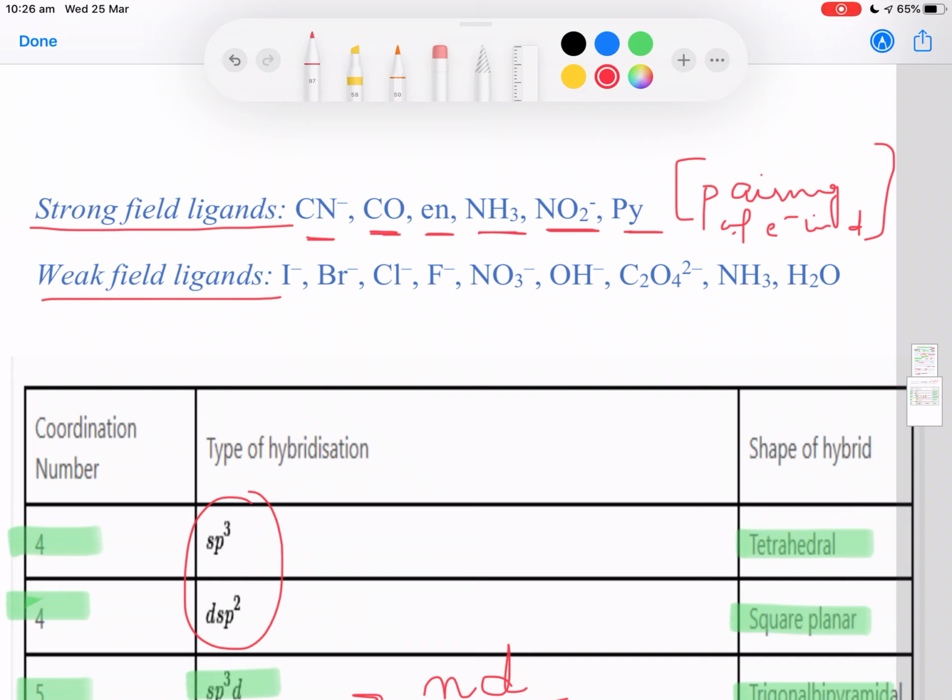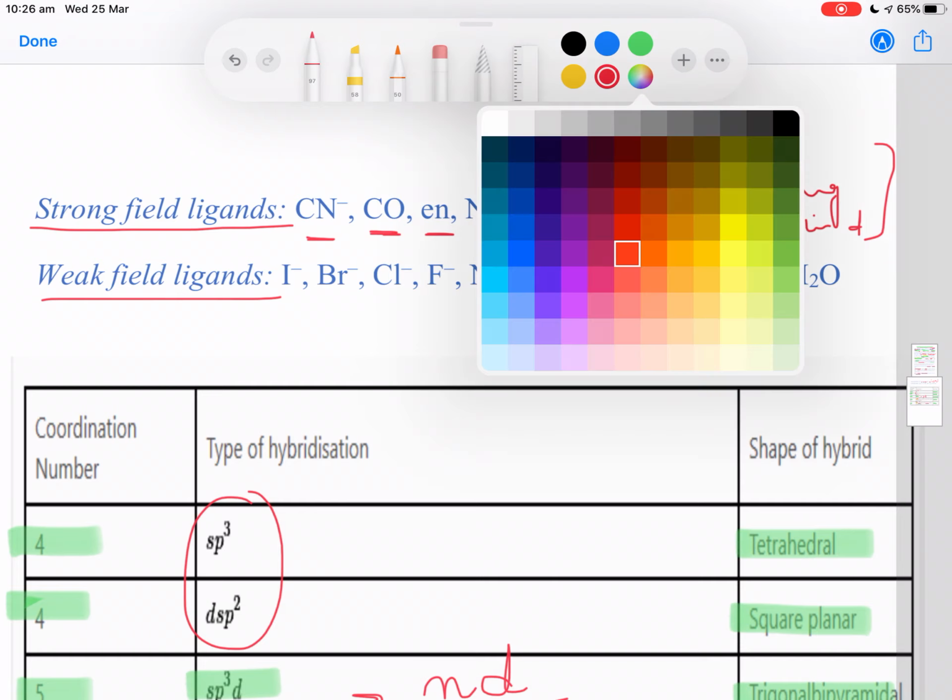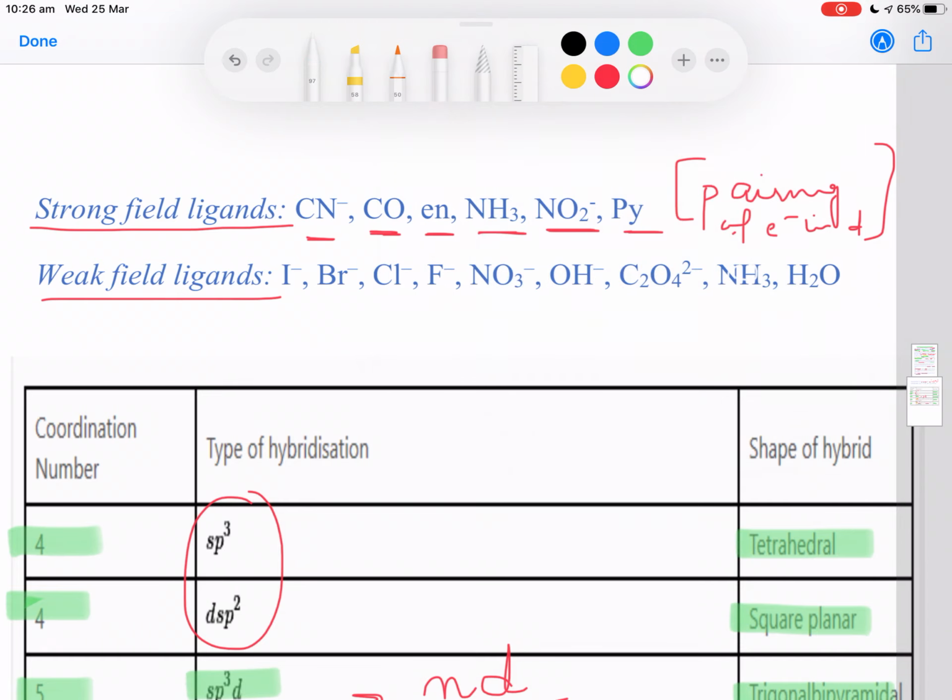Here to mention, we don't have to categorize amine, okay? Amine is classified as strong field. I am not highlighting it because in some cases they do consider it differently, and there is a variation in various books, so you can put amine under strong field.